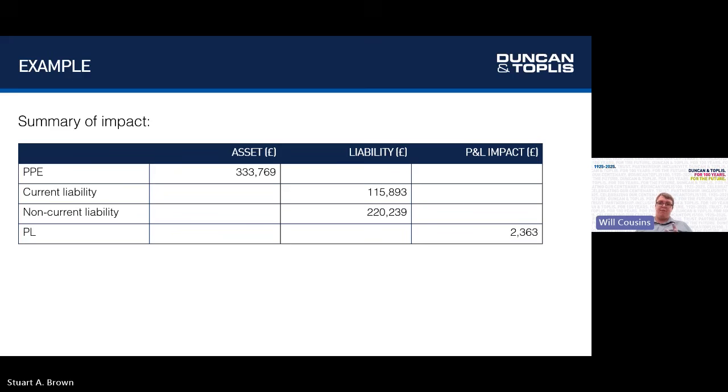That's the net present value that's likely to be paid in the 28 year end, which is the net cash flows less the interest charge for 2028. And then we've got the corresponding amount in the non-current liability for the periods 28 and 29, i.e. the periods that fall after the next financial year. And the net impact of this is that there is going to be an impact of 2,363 on the profit and loss.